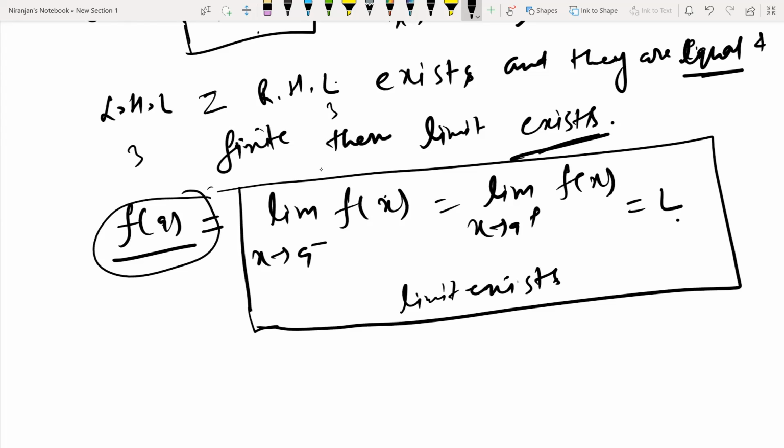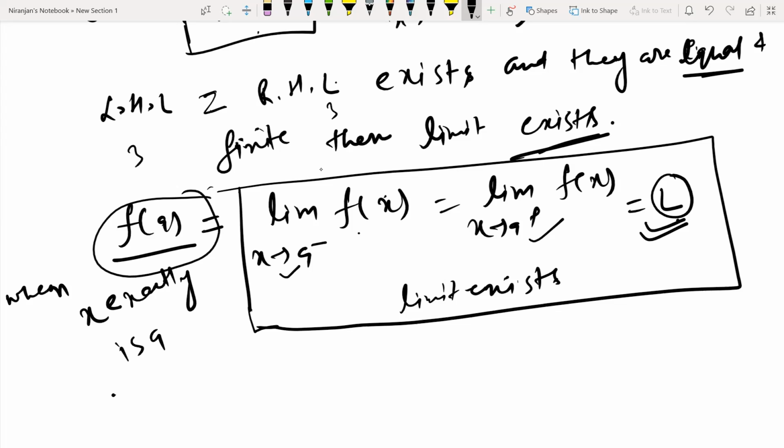I have just defined that limit is actually the value that f of x is arbitrarily close to, L, as x approaches a from minus and plus. That is what L is. f of a is the value when x is exactly a, nothing else.